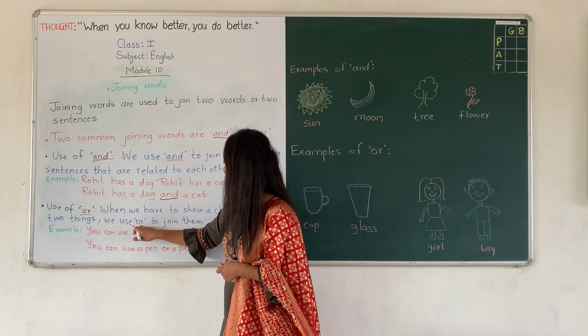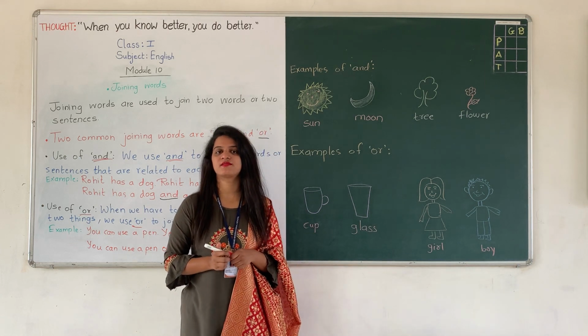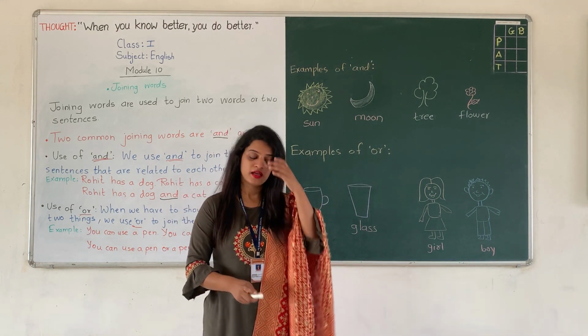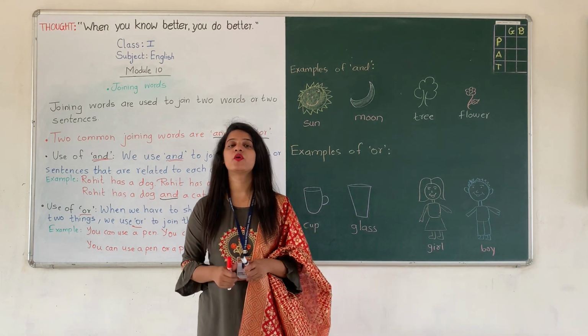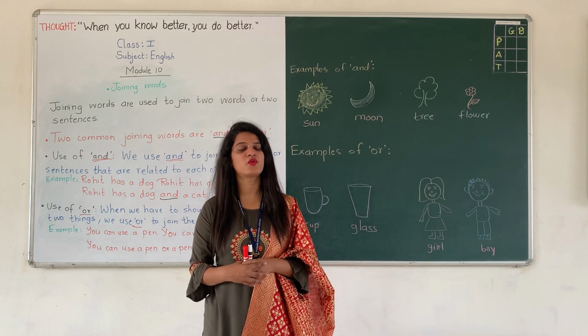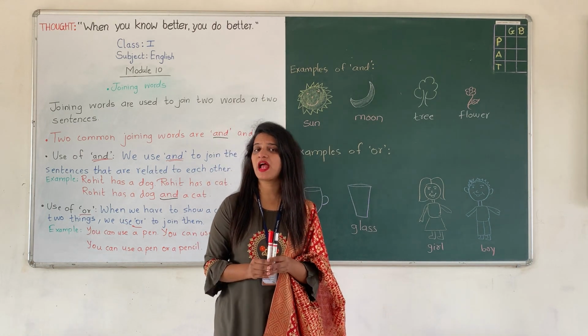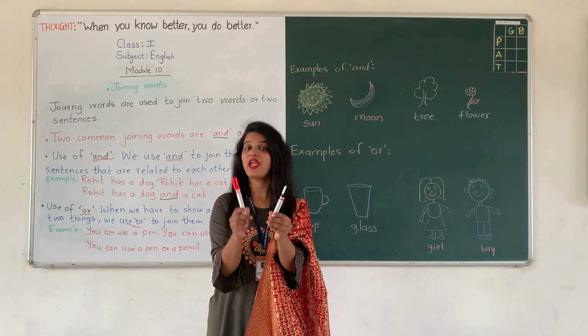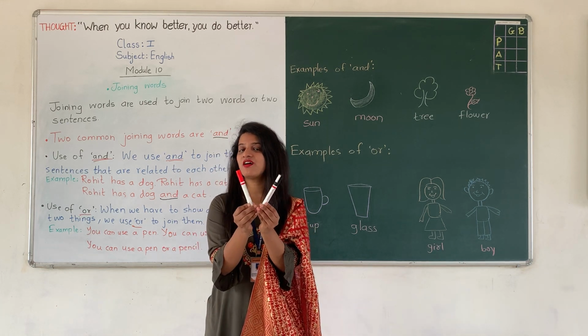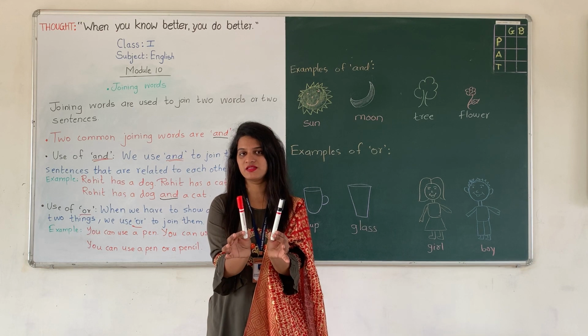Now if you want to show a choice, like if you are going to a shop, and your friend is also along with you, and the shopkeeper has only 2 markers, and your friend wants 1. So obviously you have to make a choice between the 2 markers, right?